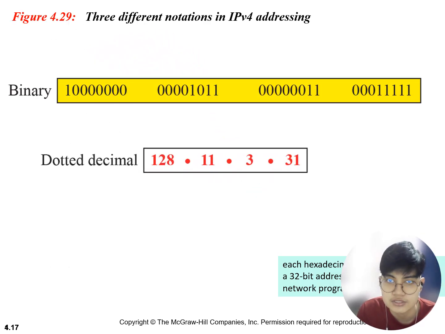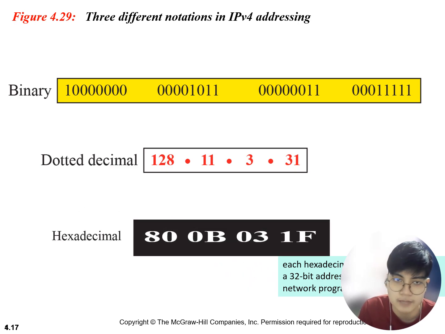Two different notations in IPv4 addressing: binary or dotted decimal, and hexadecimal.